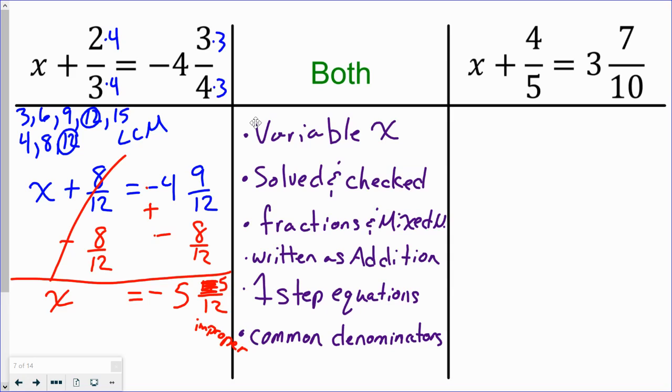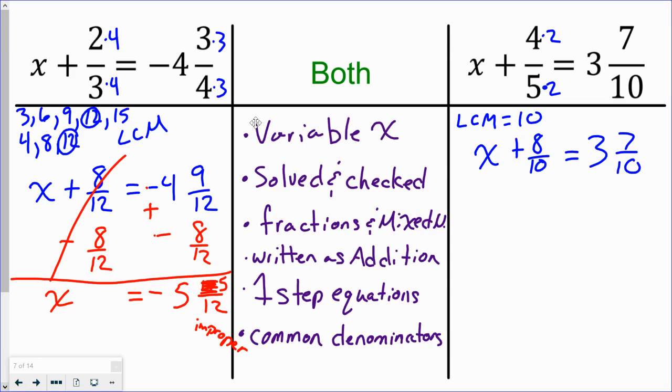Let's look at our other one. Instead of 4 and 3, we have 5 and 10. Well, I know 5 can go into 10 if I multiply it by 2. Okay, so that's easy to find that our LCM equals 10. So we already have x plus 8/10. That is equal to 3 and 7/10.